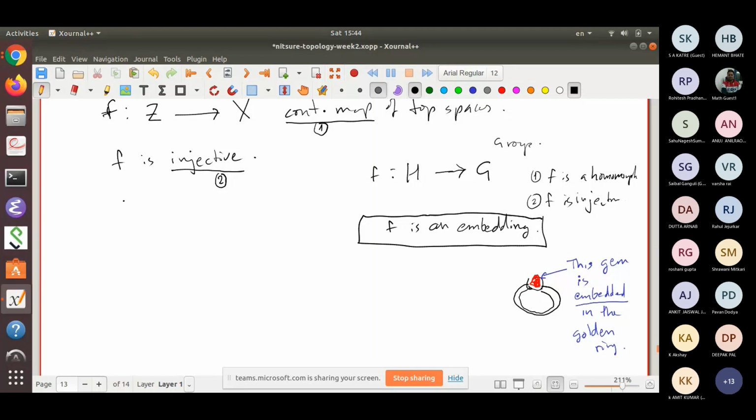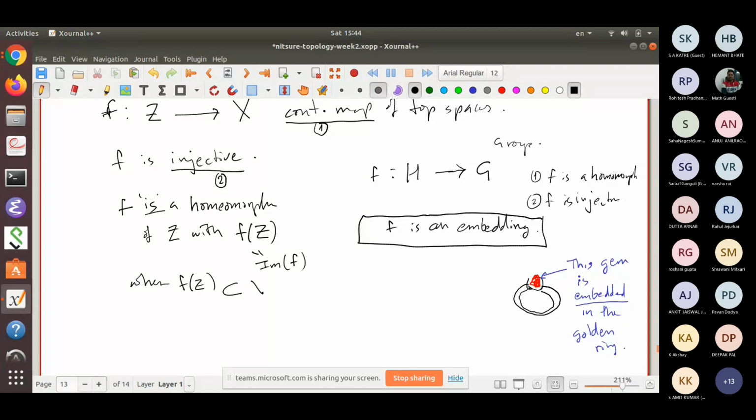The third property needed is F is a homeomorphism, or induces, is means induces, a homeomorphism of Z with Fz, which is the image of F, where Fz in X is given the subspace topology.